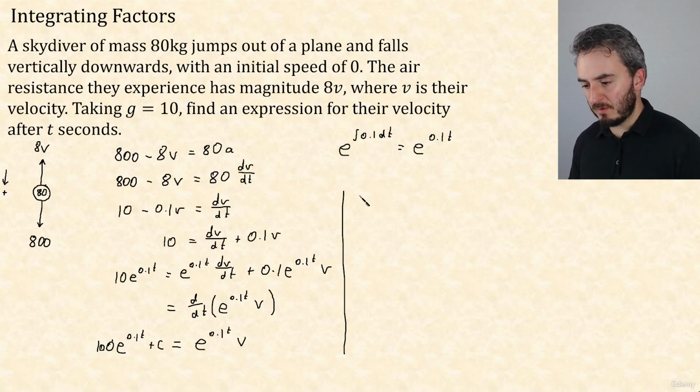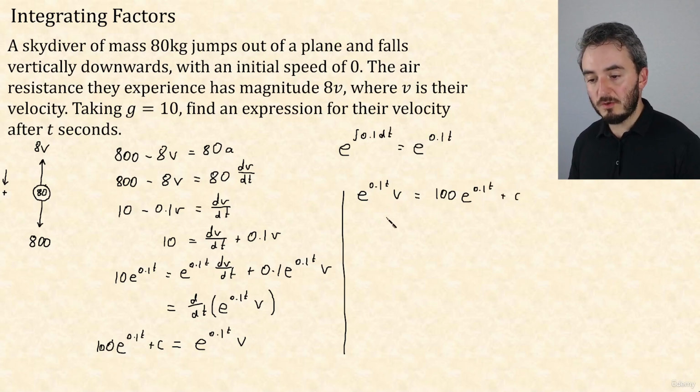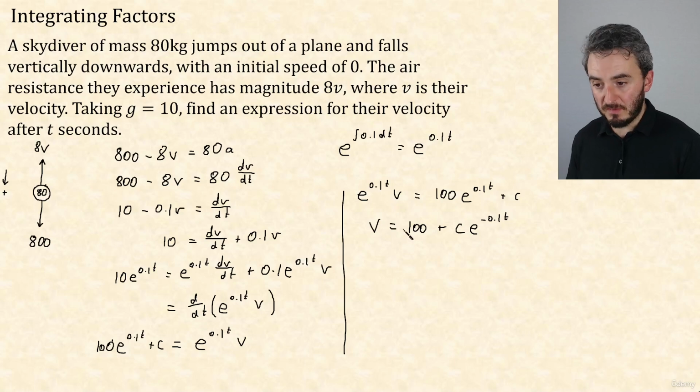I'm going to flip it around just so it looks a bit nicer. e to the 0.1t v equals 100 e to the 0.1t plus c. Dividing through by e to the 0.1t, we get v equals 100 plus c e to the minus 0.1t.